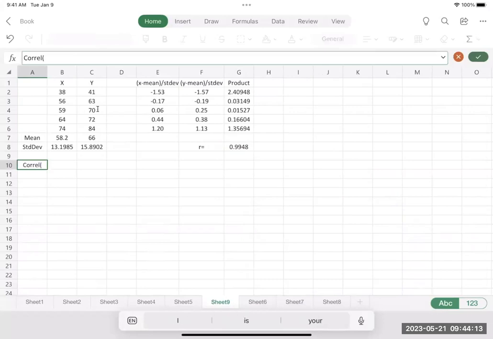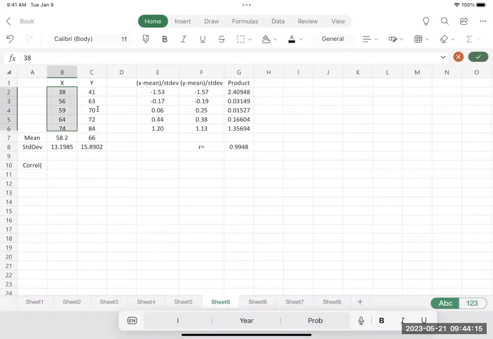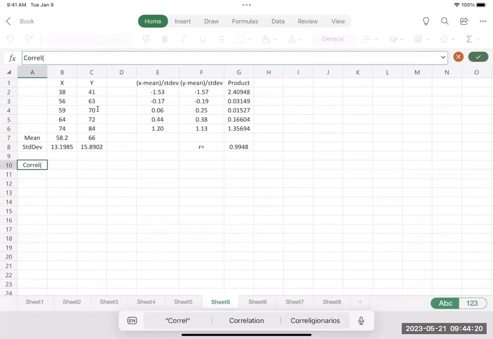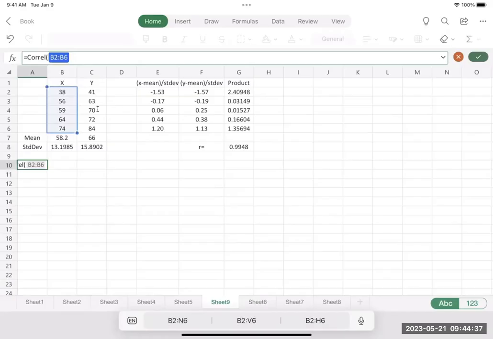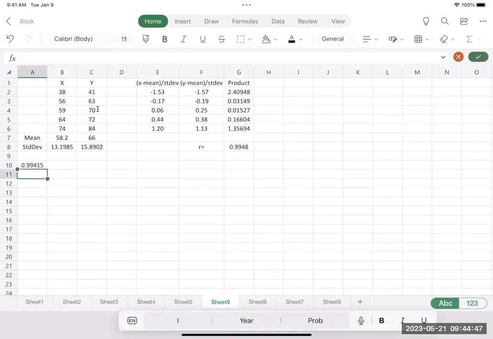What I have to do is highlight this. That didn't work. I have to tell it it's a formula. I have to put the equal sign first. Then I have to highlight this and then highlight this. How does it show it? A comma. Comma. And highlight this and then close. So you got to go column by column. And there it is.